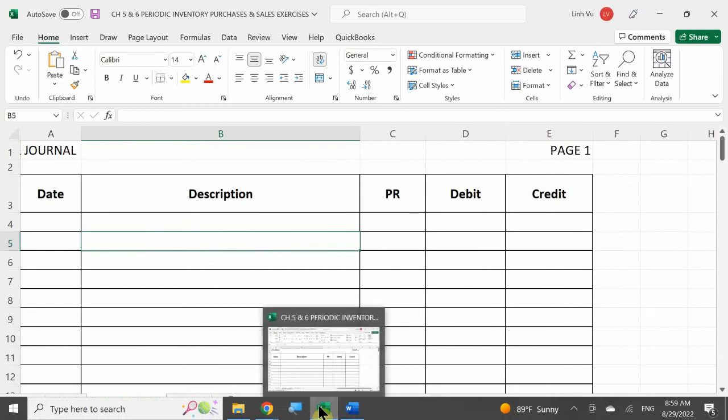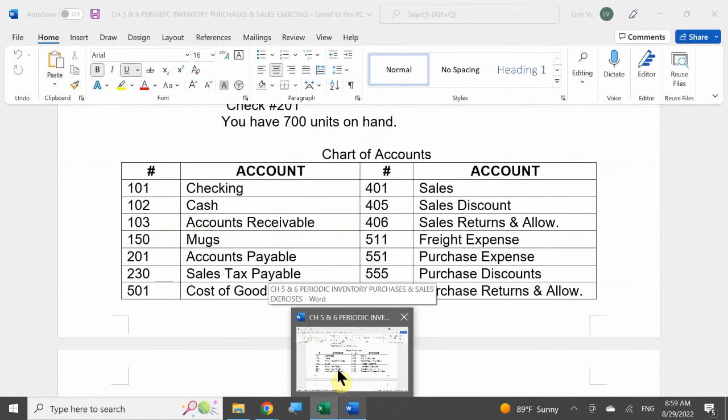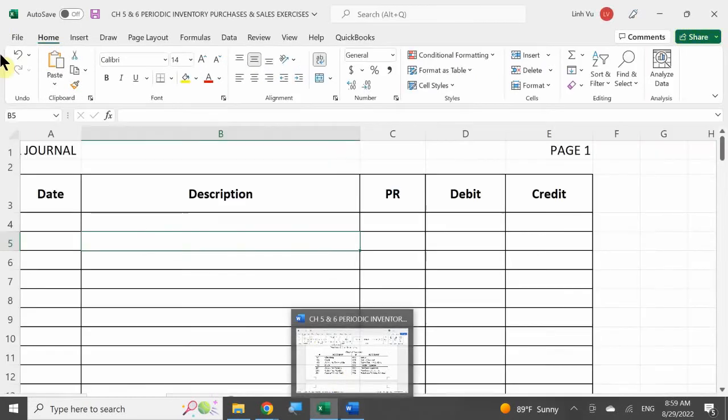So I'm going to practice journalizing first. So accounts payable is 201. We got 511 and 551.